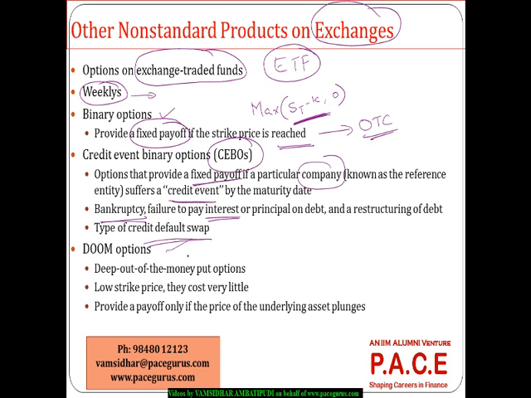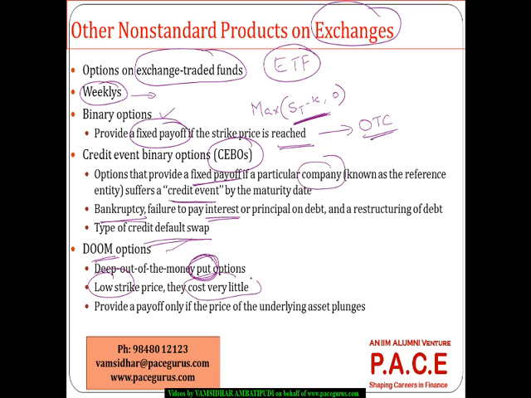Similarly, we have doom options, which are called deep out of the money options. Now obviously, because they are deep out of the money, the chances of exercising those options are very, very limited, which means in case of put options, the strike prices are much, much lower. Only if the stock price goes even below them are they going to be exercised.